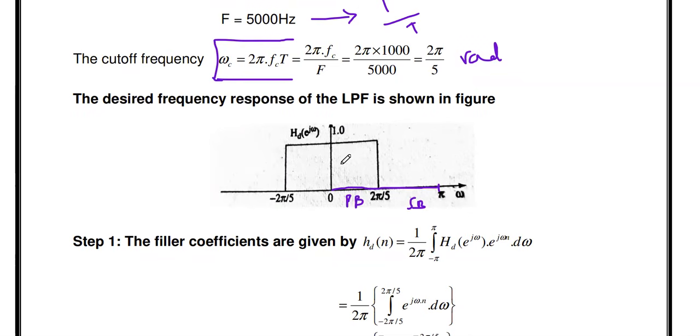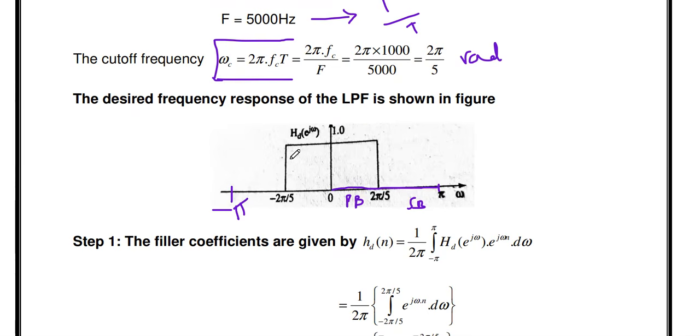Already, all these filters have a symmetric response. So from minus 2 pi by 5 to 2 pi by 5, Hd of e power j omega becomes 1. This is the pass band. From minus pi to minus 2 pi by 5 it is a stop band, then the pass band, then the stop band. So the frequency response is obtained.